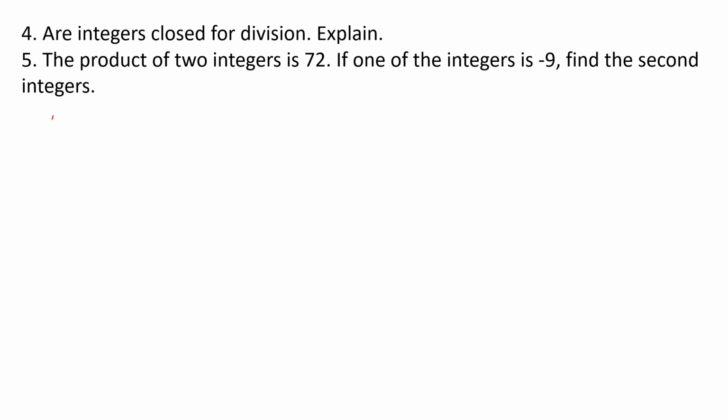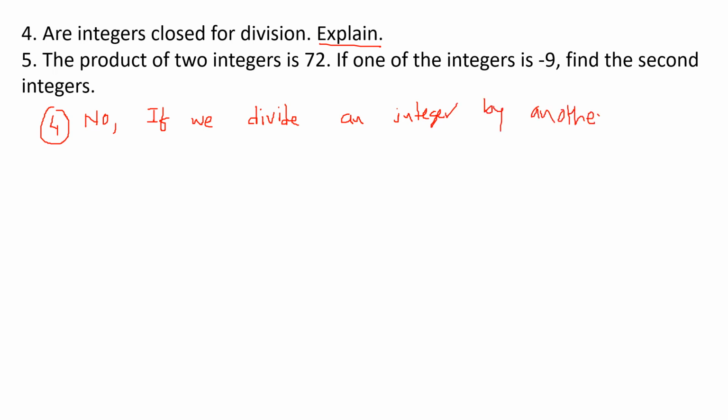Okay. So question number 4. Are integers closed for division? The answer is no. Now it says explain. So if I divide two integers, the result may not be an integer. So you have to write in words. If we divide an integer by another integer, this is a theory question, you have to write in sentences in English.